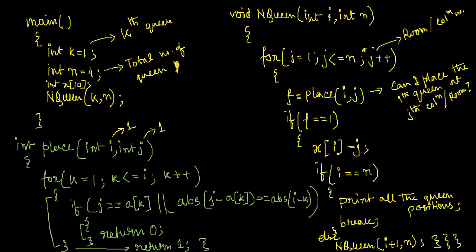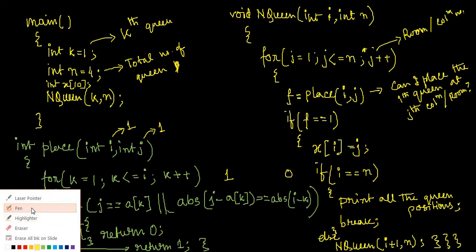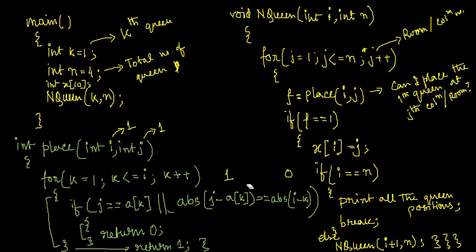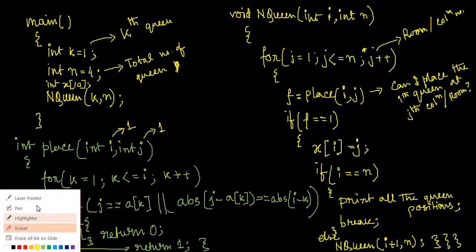So 1 minus 0 is equal to 1. And this i is also 1 and k is actually 1, that means 1 minus 1 is equal to 0. So they are not same, right? Since they are not same, the if condition becomes false.